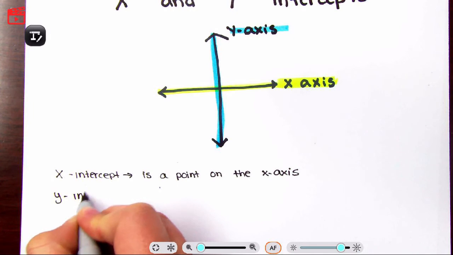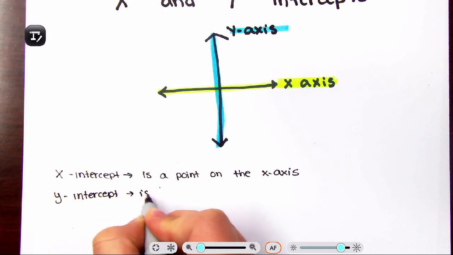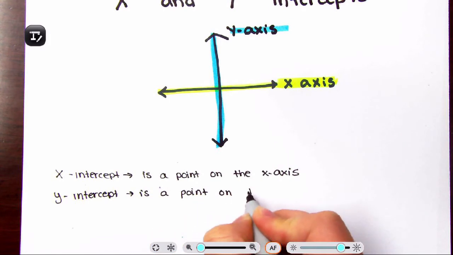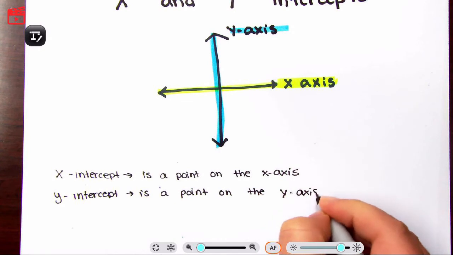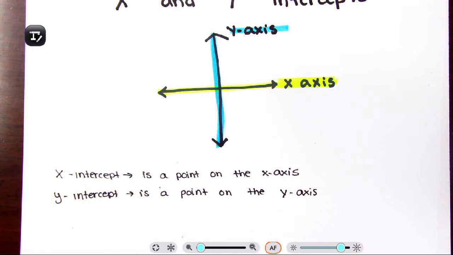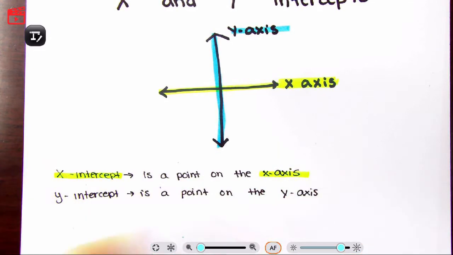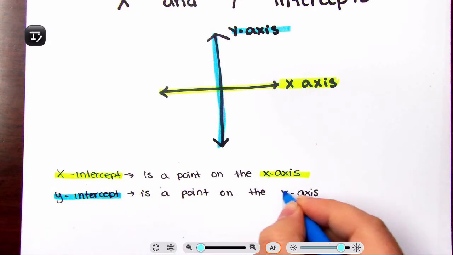The Y-intercept is a point on the Y-axis. Let me highlight that so we can color code things. The X-intercept is on the X-axis. The Y-intercept is on the Y-axis.